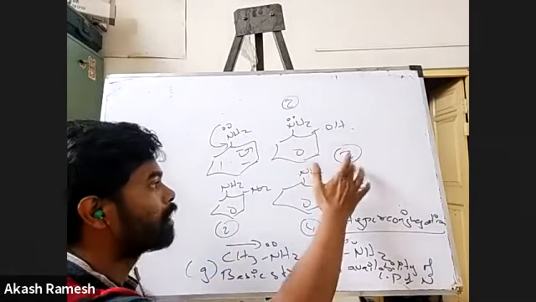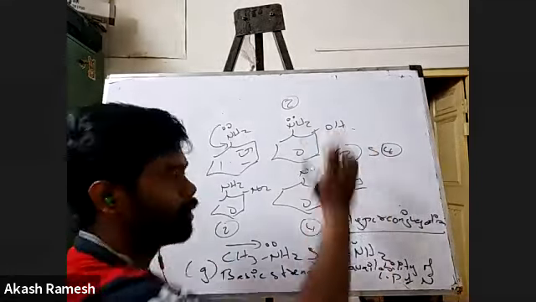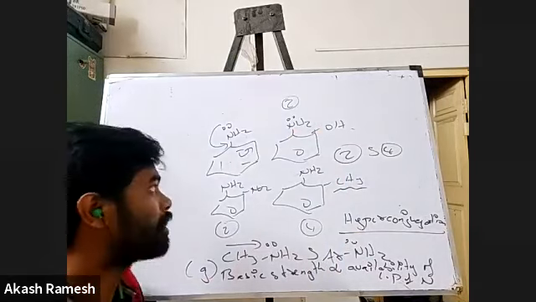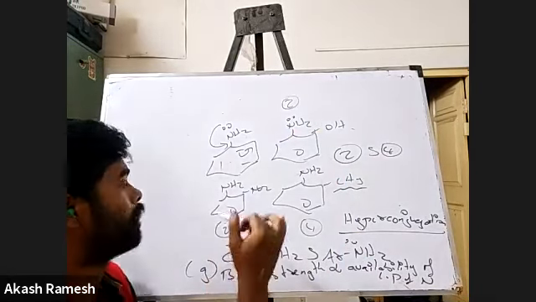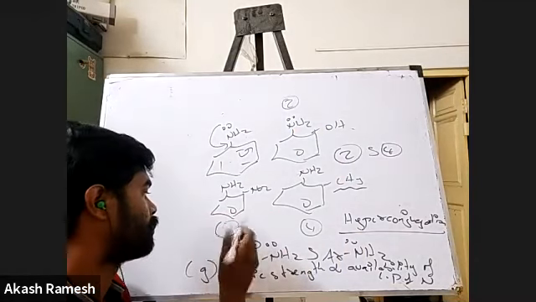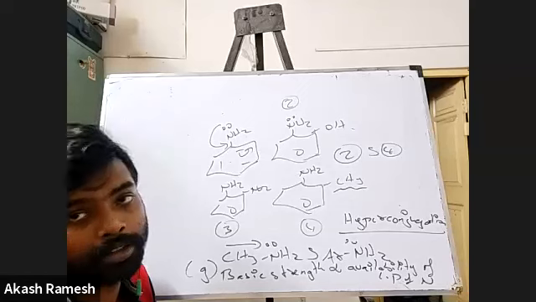So after 2 obviously comes 4, because both of them are electron donating, and this is more electron donating. That's it. After that, which should come? 1 or 3? I'm sorry, 1 should come. Why? Because here NO2 is an electron withdrawing group by resonance.